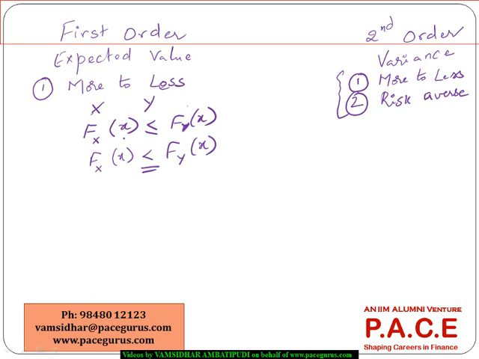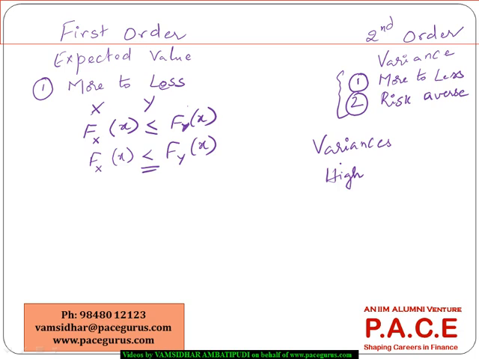So for every possibility, especially where the variances are the same, if the variances of two different securities are the same, the one with a higher mean will have a first order dominance compared to the one with a lower mean.